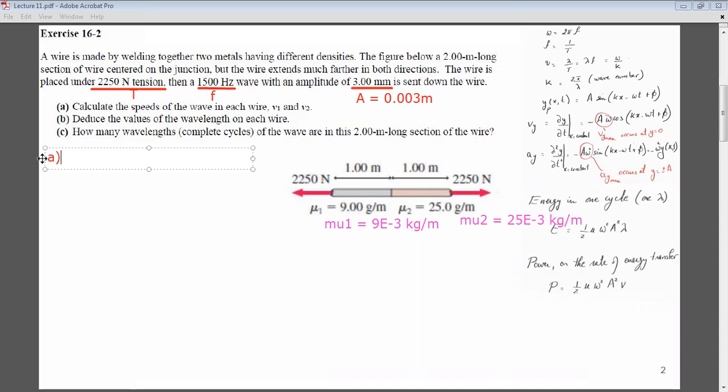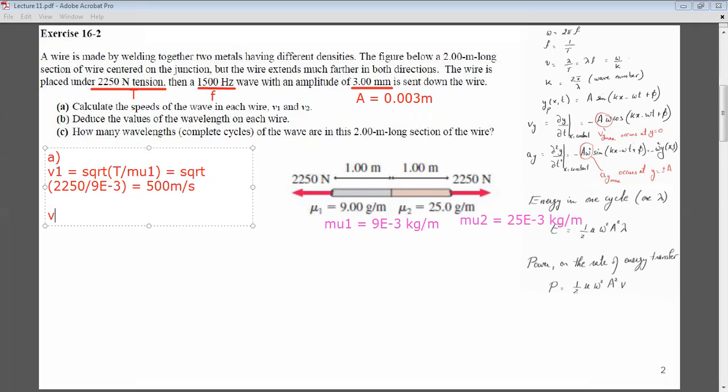So we will start. V1 is the square root of tension divided by mu1. The whole wire is placed under the same tension of 250, so the tension is the same, but what's changing is mu1 and mu2. So this is equal to the square root of 250 divided by 9 e to the minus 3, and this gives me 500 meters per second.